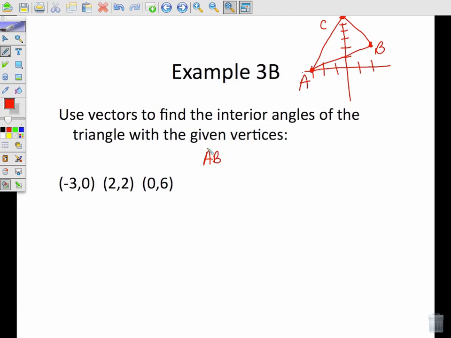So let's go ahead and look at vector AB. What would its component form be? My component form would be 5, I'm subtracting my x's, and 2. Let's look at the vector from A to C. In component form, from A to C would be -3 and 6.